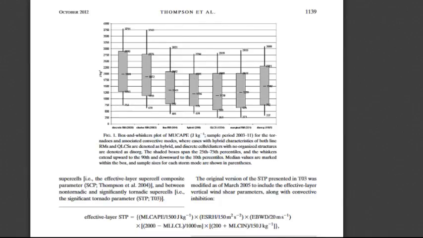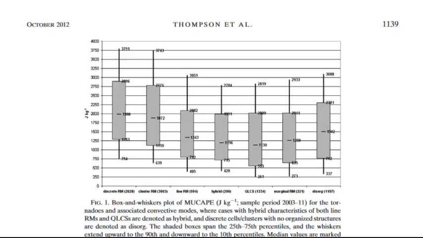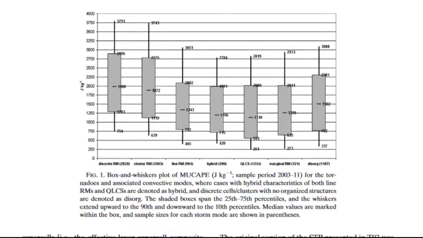Let me zoom in on this. So what do we have here? We've got a plot of most unstable CAPE, or MUCAPE, and then we've got the different categories of tornado-producing storms. So we can see that tornadoes occur through kind of a broad range there, anywhere from 500 CAPE all the way up to 2,800.